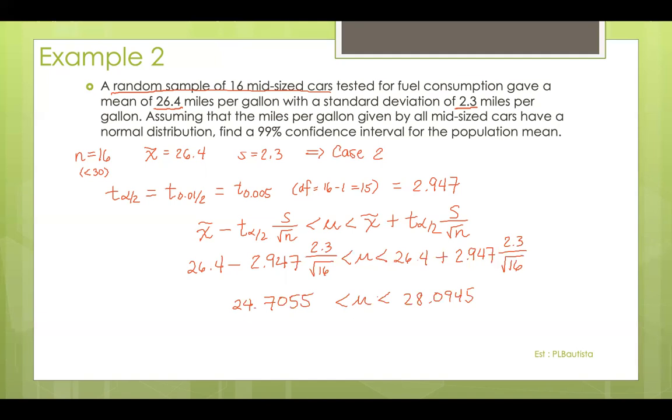But if we want a 99% confidence interval, then we extend the point estimate by adding our margin of error and subtracting, and we will arrive at this confidence interval 24.7 up to 28.1. So we are 99% confident that this interval will be able to capture the fuel consumption of all mid-sized cars.